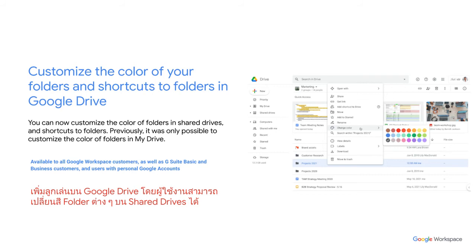So if you are using a shared folder, you will now be able to customize the color of your shared folders, right? And also, like I said, it applies to shortcuts. If you are a person who loves to create shortcuts of your folders, now you'll be able to apply colors as well.